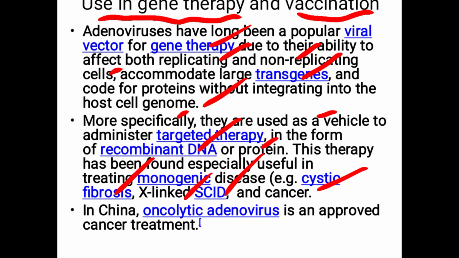In these diseases, the adenoviruses actually carry the correct gene, and in this way they correct the false gene, meaning the functionless gene. In China, oncolytic adenovirus is an approved cancer treatment. So these viruses are very useful. Why are they useful? Because they are used in genetic engineering and gene therapy.